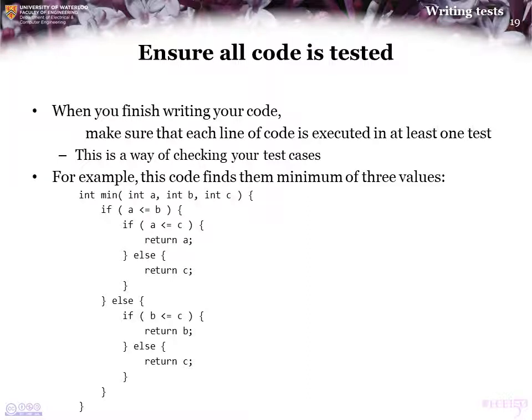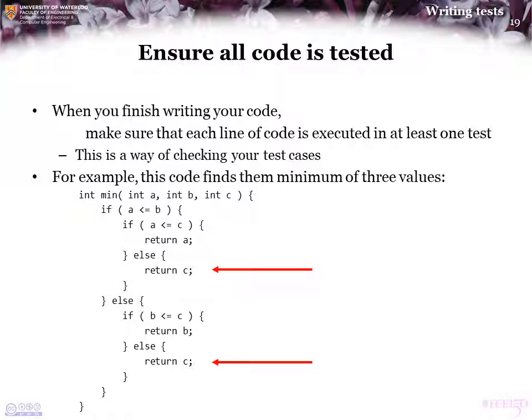For example, this function here finds the minimum of 3 arguments. All right, how does this work? Well, if A is the minimum, this return value occurs. If B is the minimum, then this return value will be executed. However, if C is the minimum, one or the other of these 2 return statements will be executed.